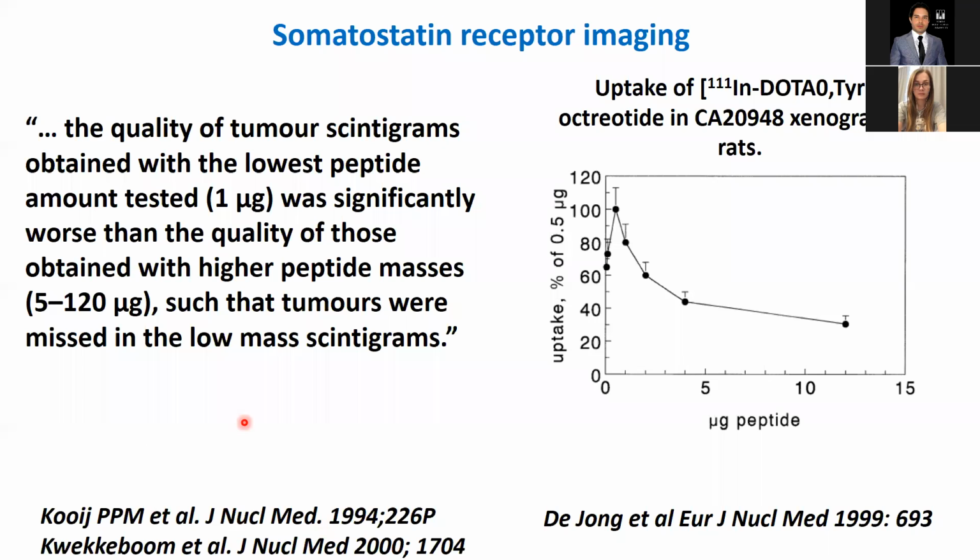So this fact was mentioned in one abstract and in one review paper, no original paper, but later Marion de Jong published her work in rat using somatostatin analog, and she demonstrated the famous bell-shaped curve, which suggests that if you inject too little, accumulation in tumor would be very low.